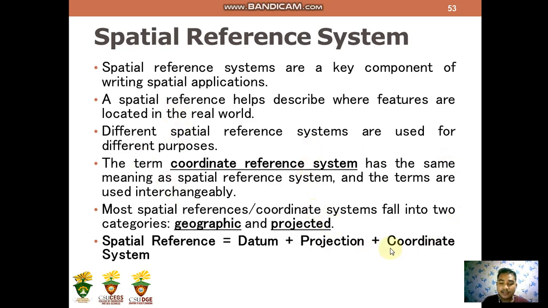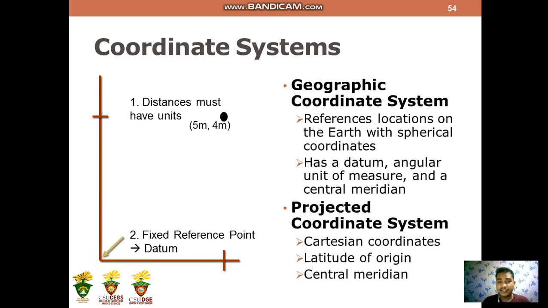And we also need the coordinate system, which is either geographic or projected. So now let's differentiate between a geographic coordinate system and a projected coordinate system. A geographic coordinate system references locations on the earth with spherical coordinates.